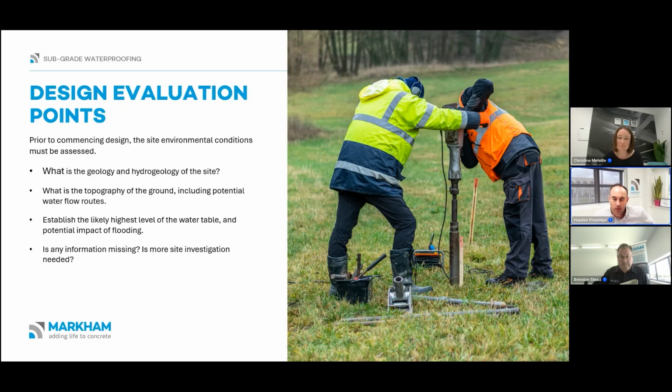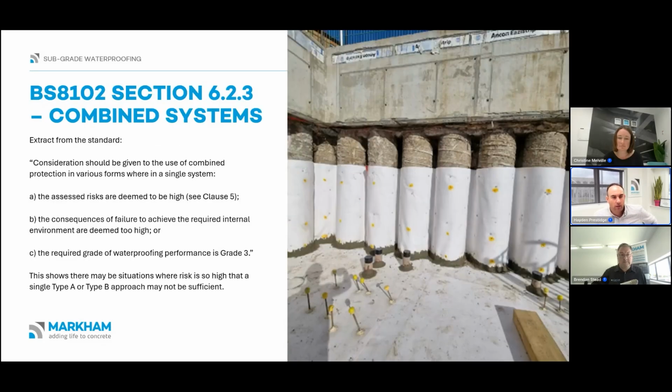If we jump to the next slide, Brendan, it's when we look at the combined system. British Standard goes over this, and it's probably something we need to consider more as a team in our industry to make sure we're getting the right approach for a project.